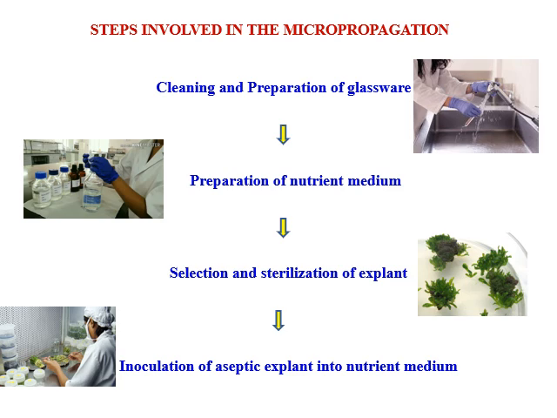Not only explants, we have to sterilize the medium and the surface area where we are going to work: the inoculation chamber, culture room, and so on. After sterilization, the aseptic explant has to be transferred into the nutrient medium. That process is called inoculation.